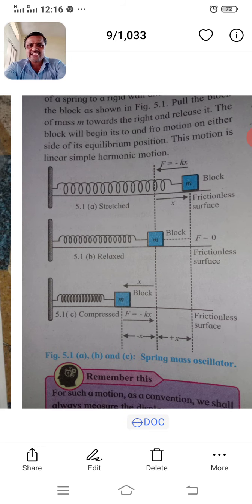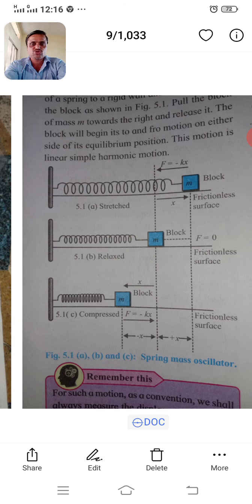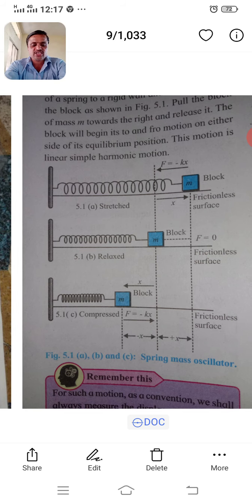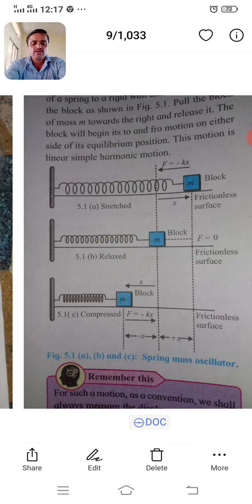So what is linear simple harmonic motion? Linear SHM is defined as the linear periodic motion in which force or acceleration is always directed towards the mean position. As seen in figure A and figure C, the force and acceleration are always directed towards the mean position.